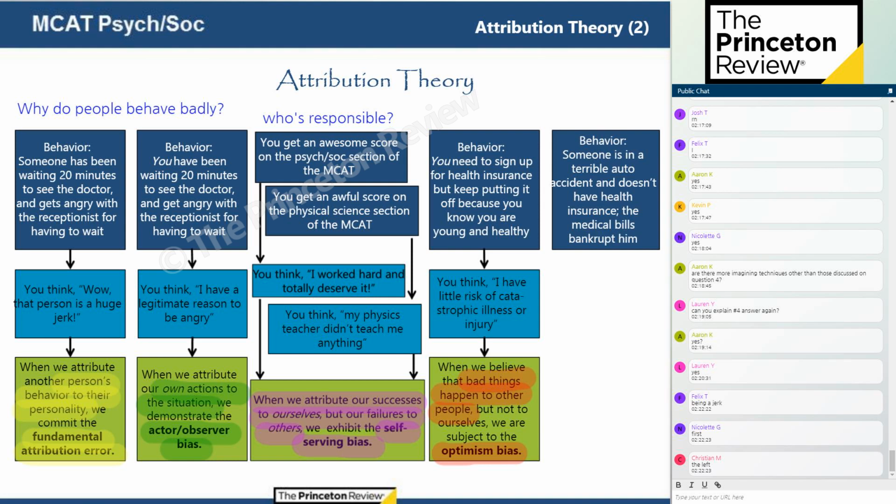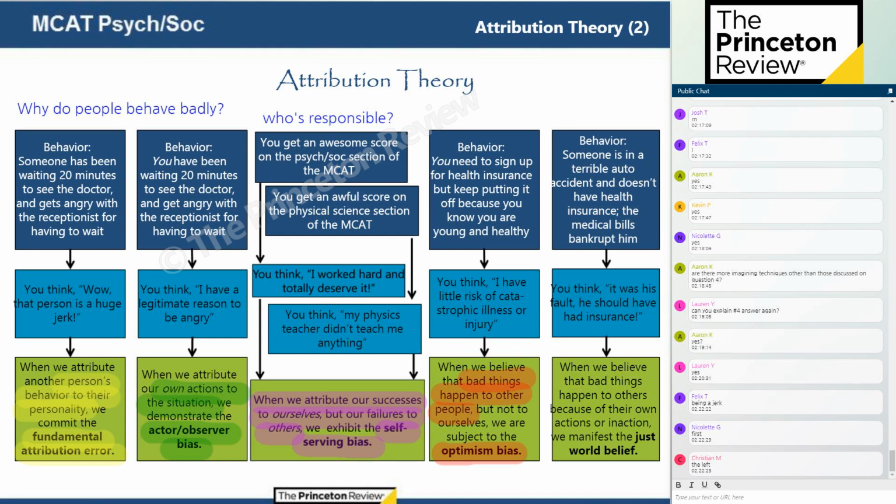All right, somebody else is in a bad car wreck, but they don't have health insurance, and they have to file medical bankruptcy. And you think, well, dummy, your fault. Should have had the dadgum insurance. Okay, that is the just world belief.